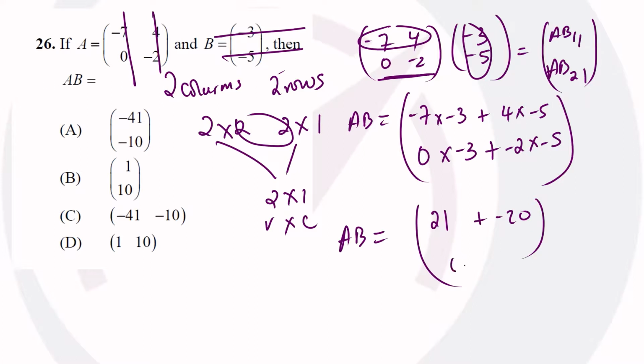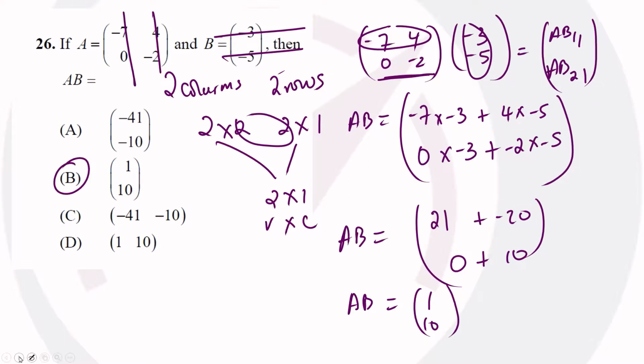That gives us 0 plus -2 times -5 gives us 10. So let's add them now. So we have AB is equal to 21 minus 20. That gives us 1. And 0 plus 10 is 10. So we get 1, 10. So our answer that matches is going to be B.